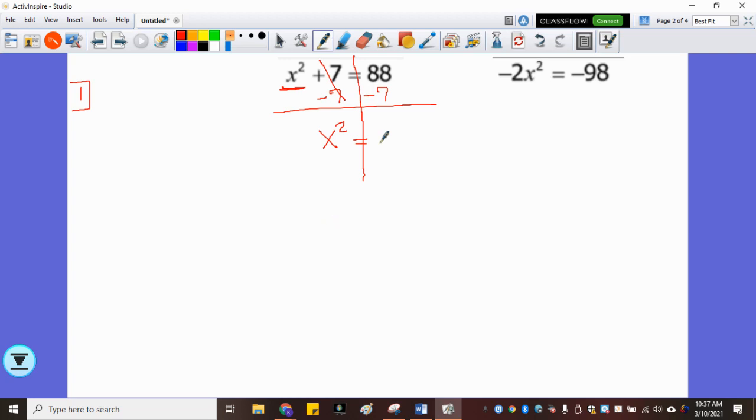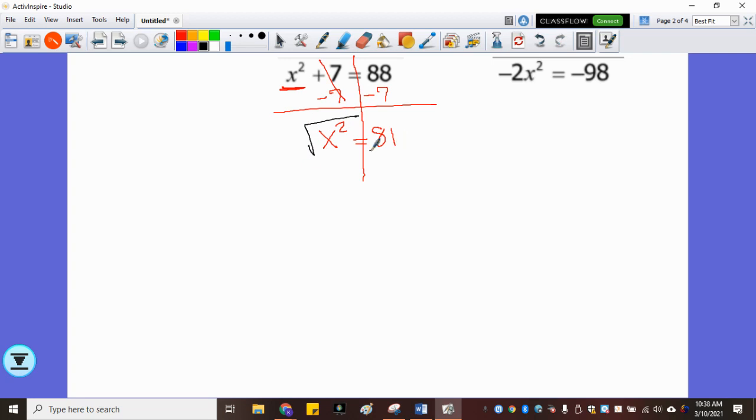And 88 minus 7 is 81. We're not done because we're not trying to solve for x squared, we're trying to solve for x. So to get rid of the squared, you take the square root.